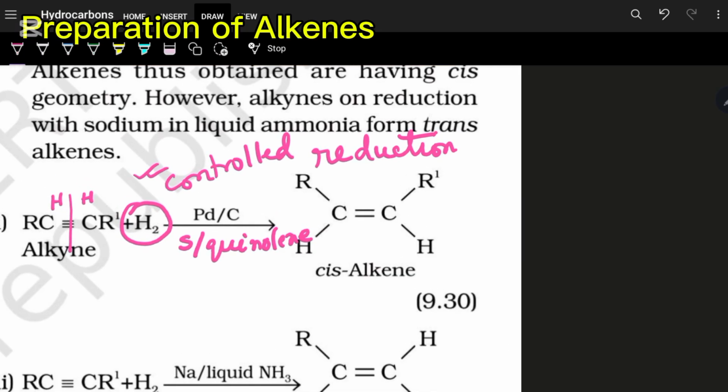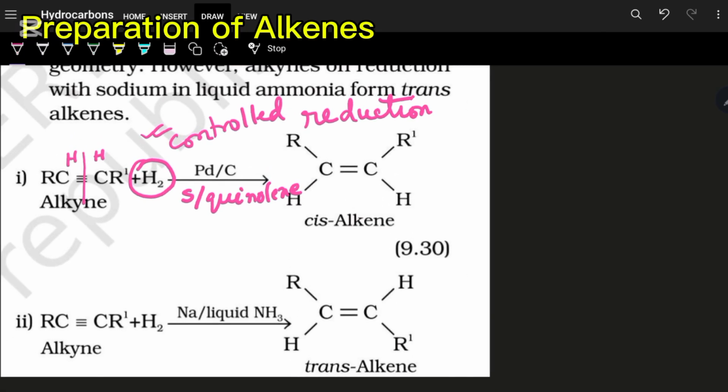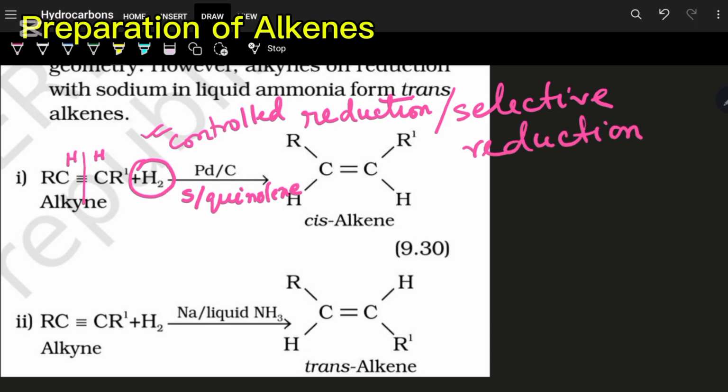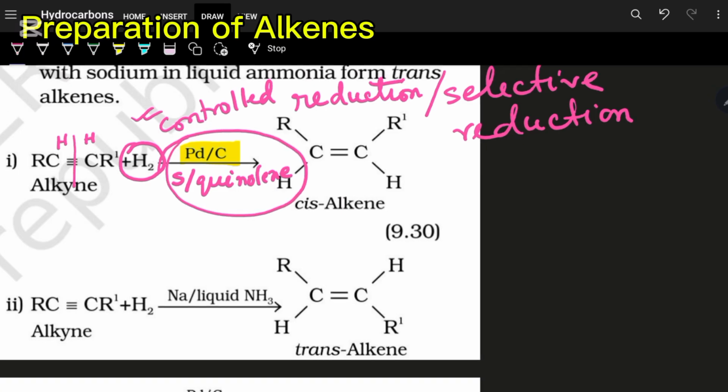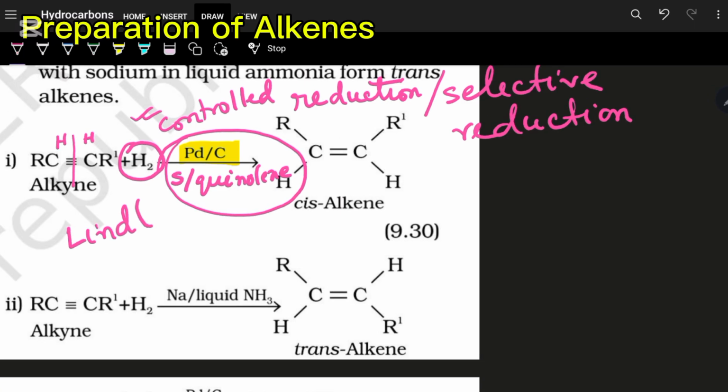Now we can see this is a controlled or partial reduction as well as selective in manner, that is, selective reduction. Why? Because if you change the catalyst, like Pd/C with sulfur or quinoline, which together is known as Lindlar's catalyst, then you will get cis alkene.